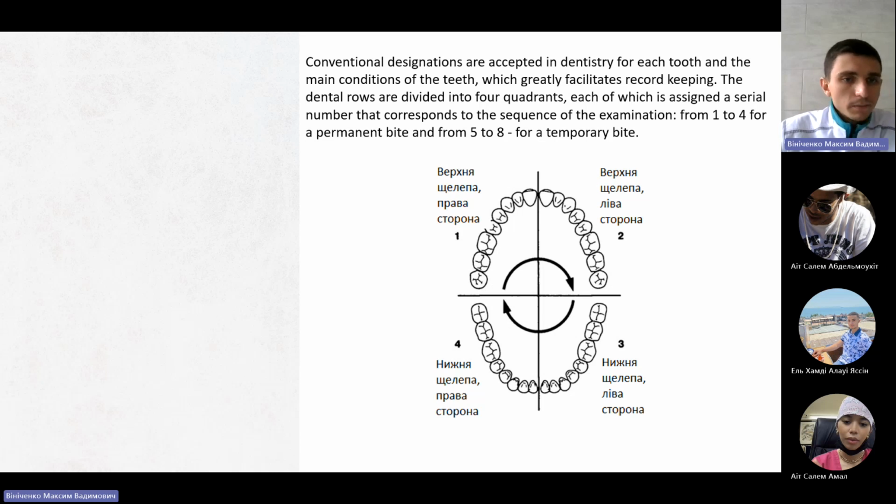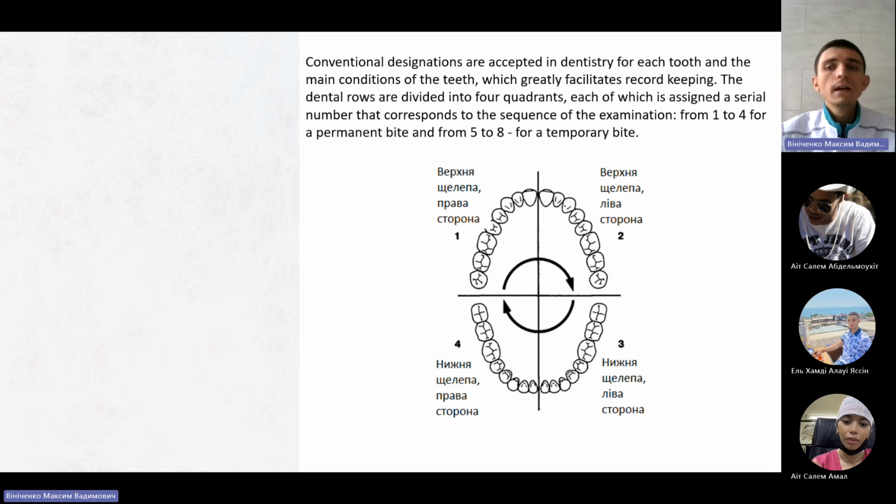So let me make this a little bit closer. Here is the central incisor on the upper jaw, and we say that it is tooth number 11, number 12, the canine is number 13, and the last molar will be number 18.